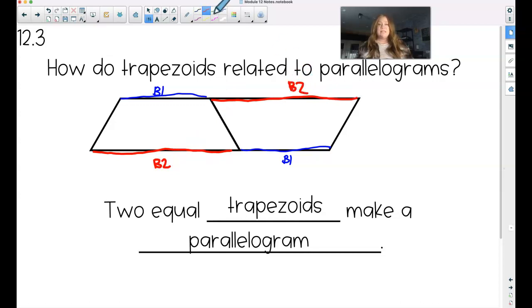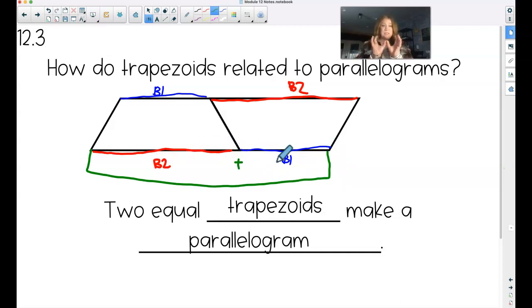So in order to get the entire base of the parallelogram, I do have to put base 1 and base 2 together to find that. So if I take a parallelogram and I make a diagonal cut, I end up with 2 trapezoids. So not from corner to corner, that's going to make a triangle, but just a slanted cut is going to give me 2 trapezoids there.